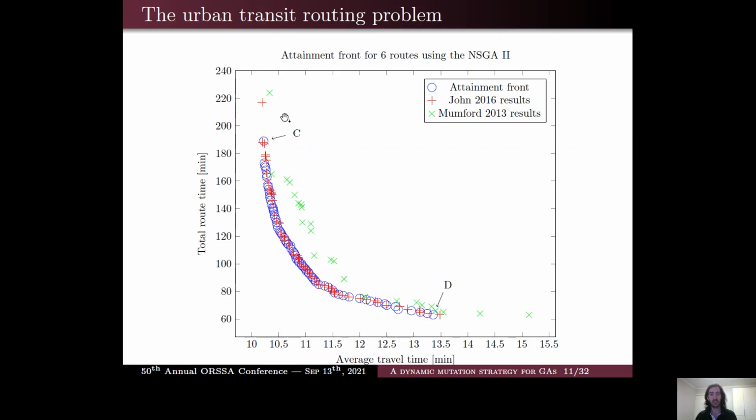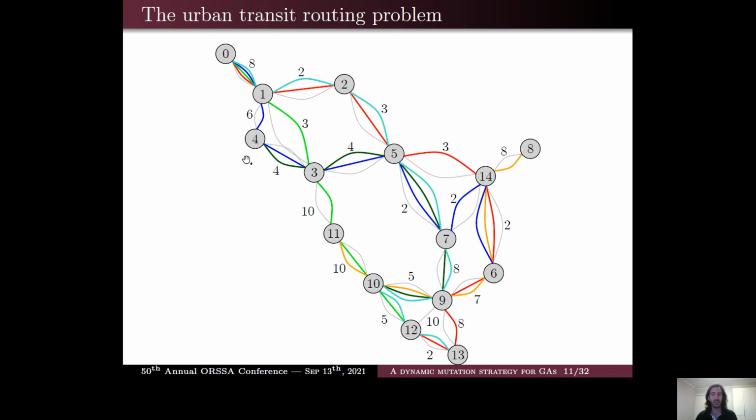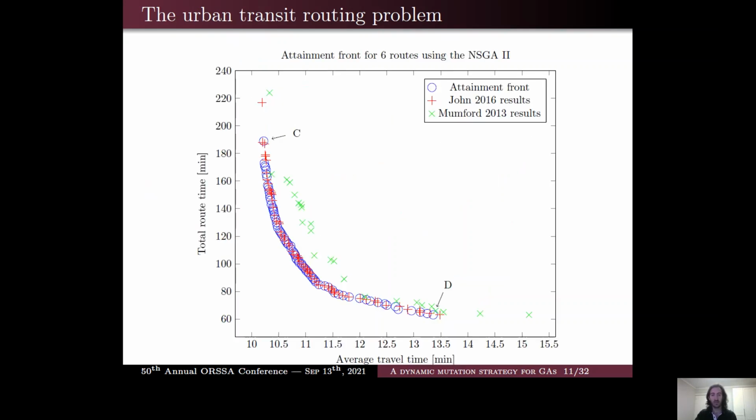Let's take a deeper look at solution C, which is found here in objective space, in the context of decision space. Here we can see in the visualization that many routes are directly linked to other bus stops, meaning passengers will have direct access to their destinations and would therefore incur lower travel time costs.